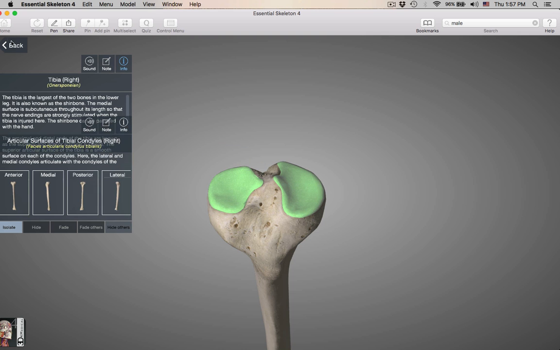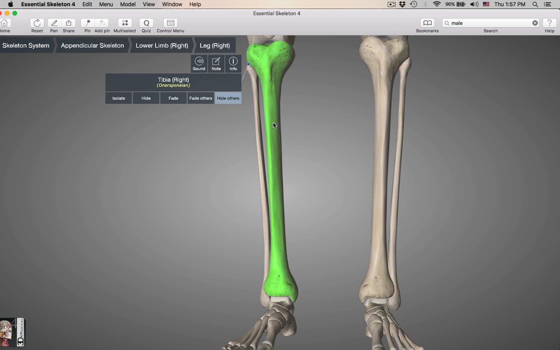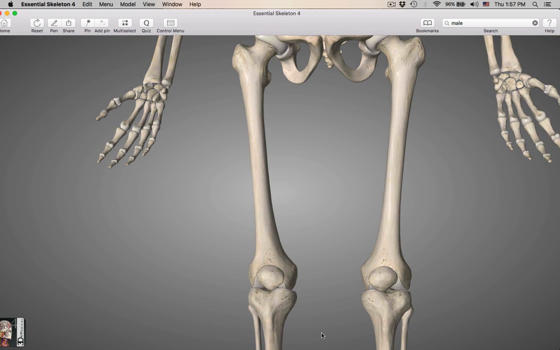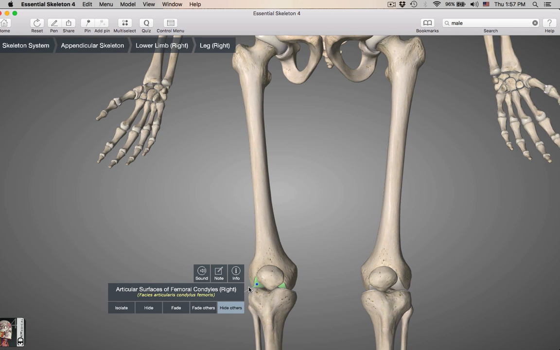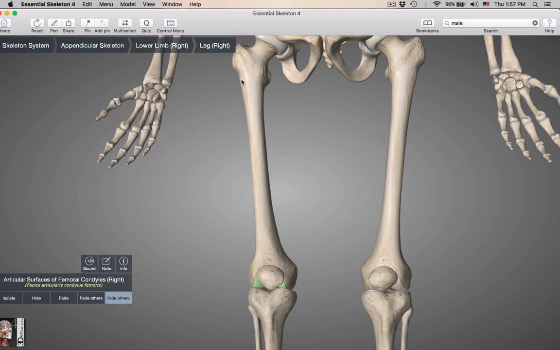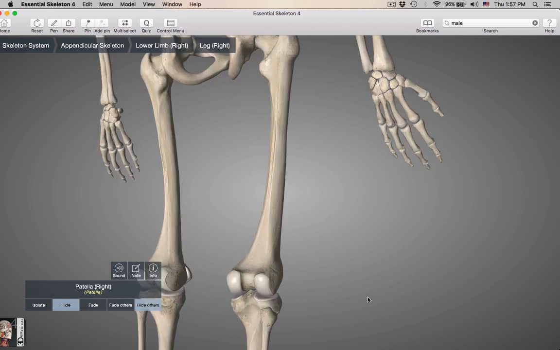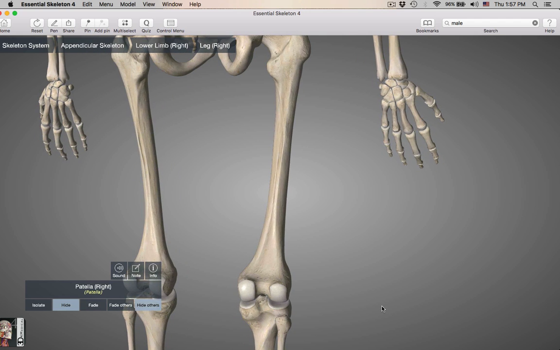So let's go back here for a second. You had the femur up here, the big femur. This is the lateral condyle of the femur. Let me hide the patella. This is the medial condyle of the femur, the lateral condyle of the femur.